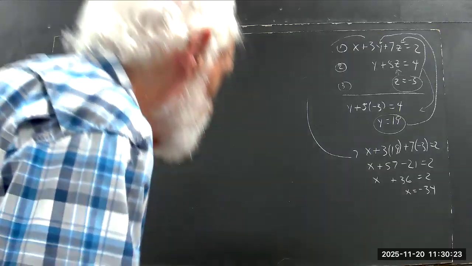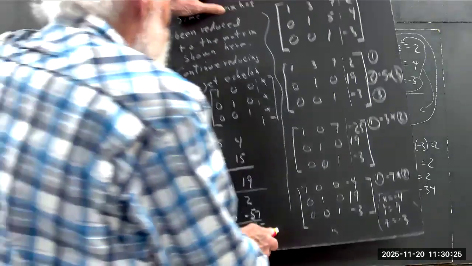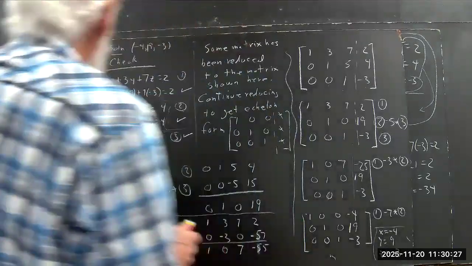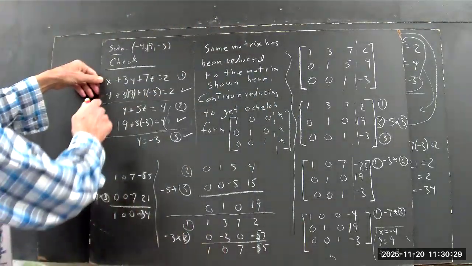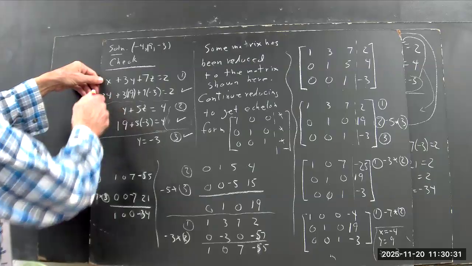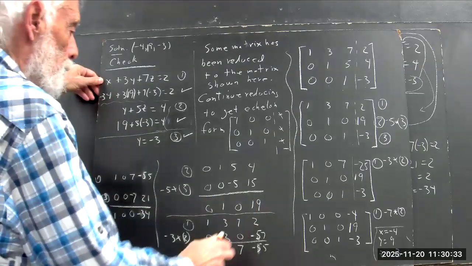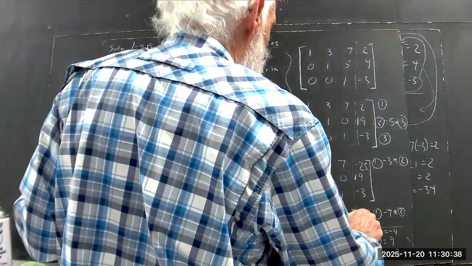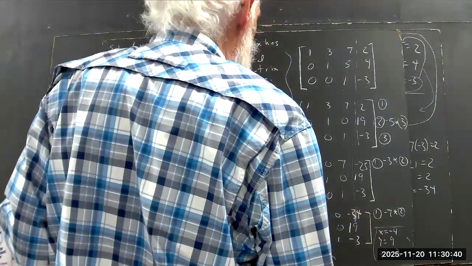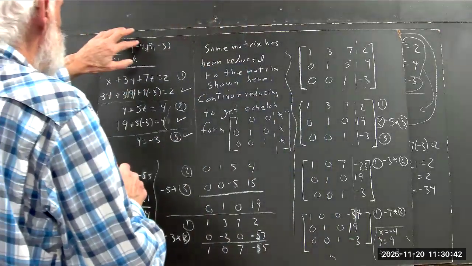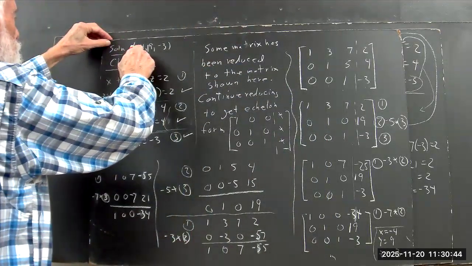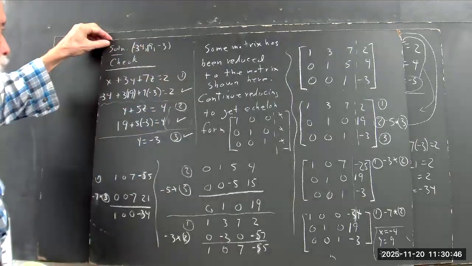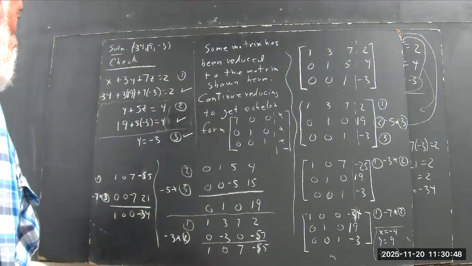with our solution. Now, when I wrote this down, I wasn't being very careful. I knew I had a negative 34 here, but I never wrote it down. That is what our third equation gives us. So let's get everything written down correctly.